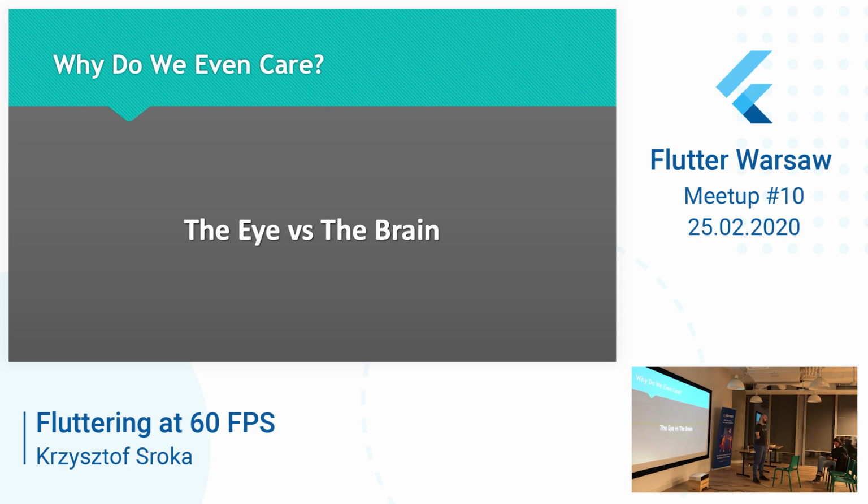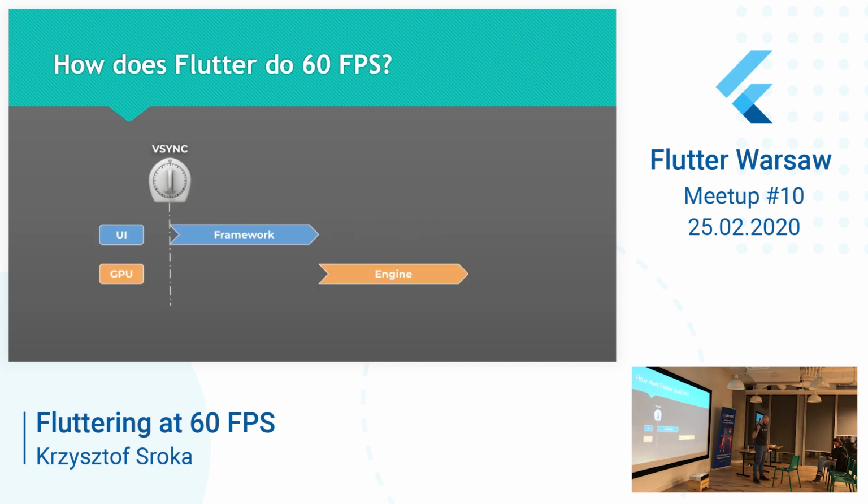There are already screens that do 120 FPS and 240 FPS, and this talk will not be about the 60. This talk will be good for any constant that you find, over 9,000 even, if you like. But it will be about Flutter and how it works and how it is so fast in a way.